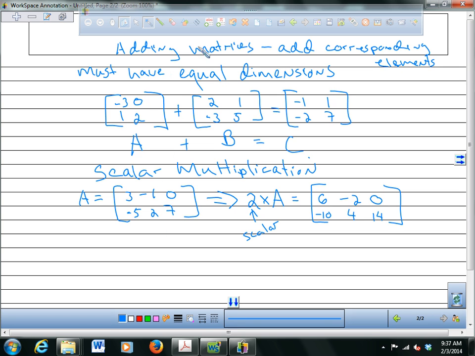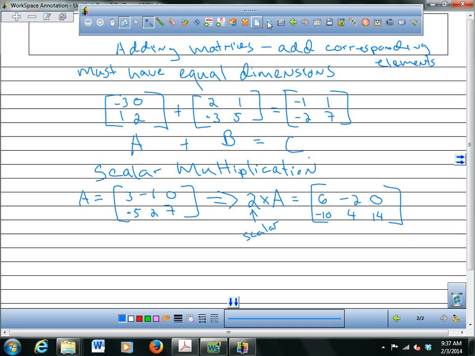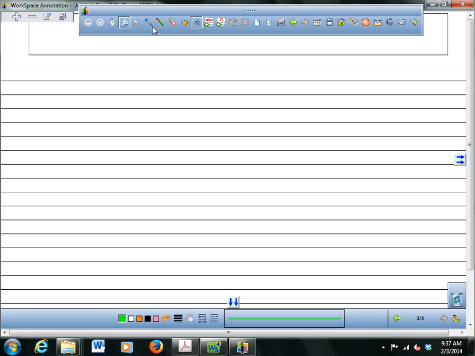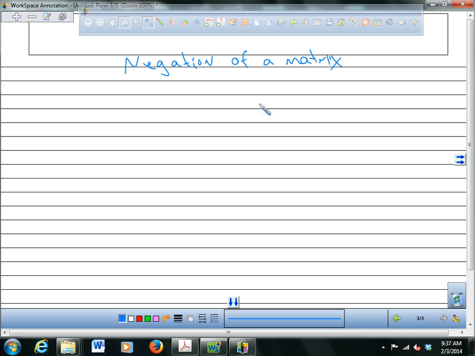Negation of a matrix is just multiplying by a negative sign. Negation of a matrix is really multiplying by -1.